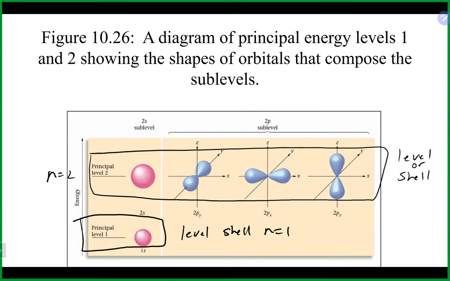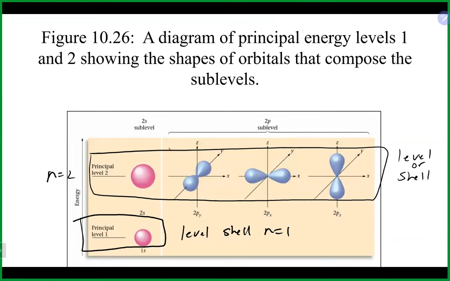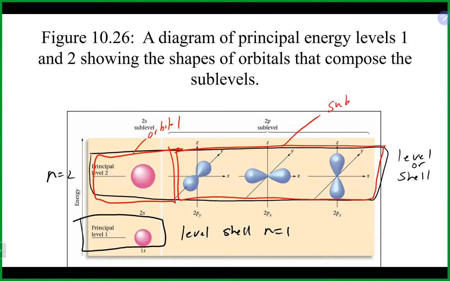Now, on the n equals 2, this is an orbital because there's only one. But our P here, which has 3 of them, is what is referred to as a subshell or sub-level.